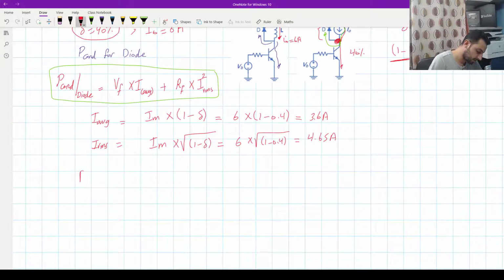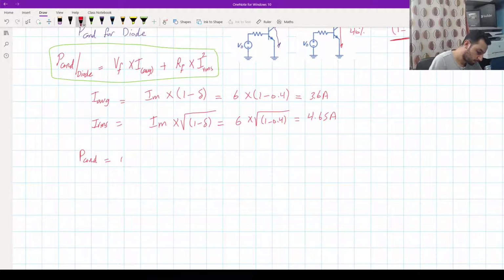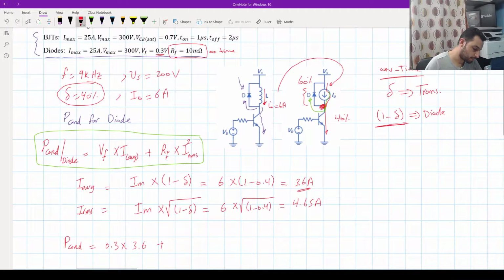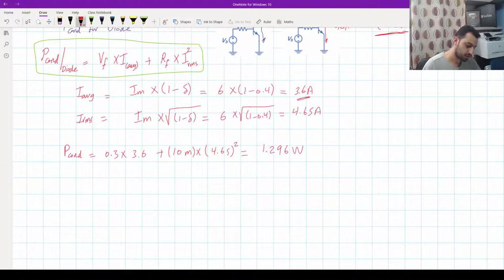The conduction losses again equal VF, which is the forward voltage, 0.3 here, times the I average, 3.6, plus 10 milliohm times IRMS squared, which is 4.65 squared, and that will equal 1.296 watts. So this is the conduction power dissipation for the diode.